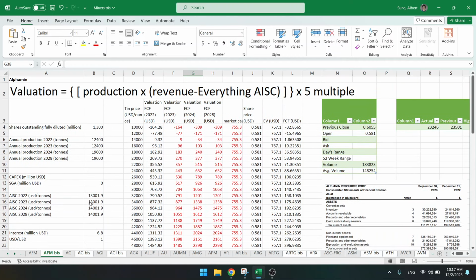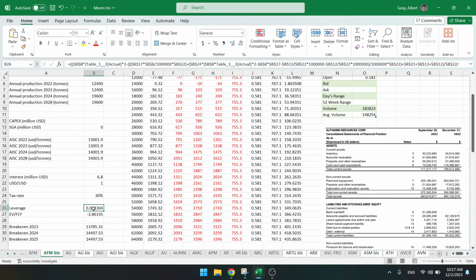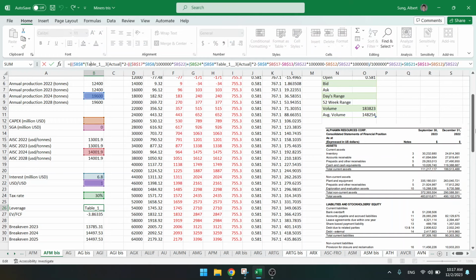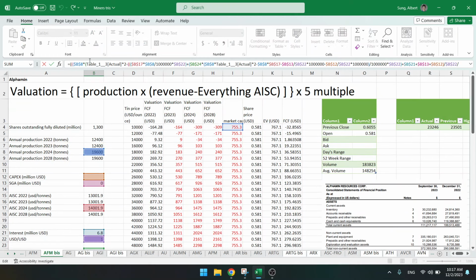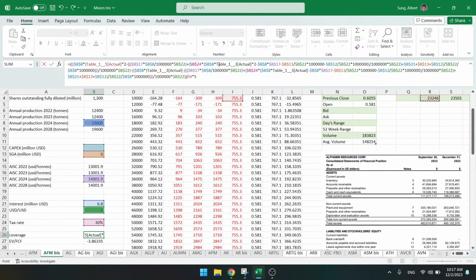Okay, now we need to update this leverage chart because this is referring to the wrong commodity price. Right? This should be this. This should be this.